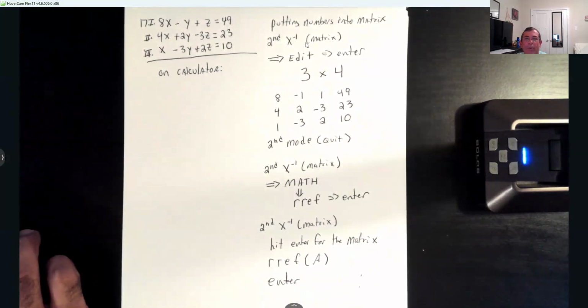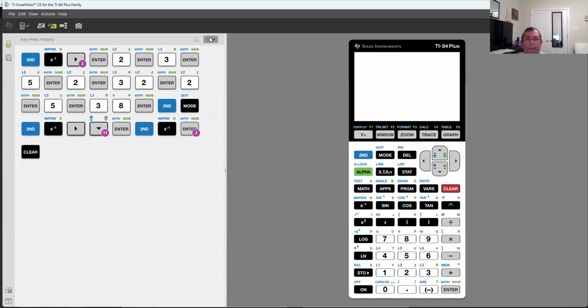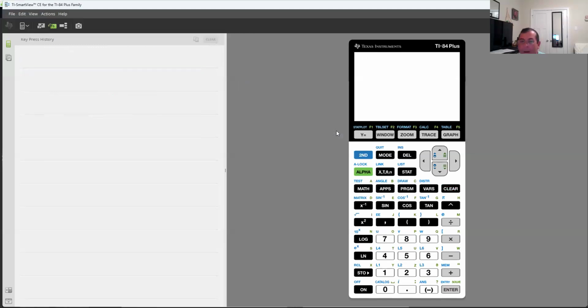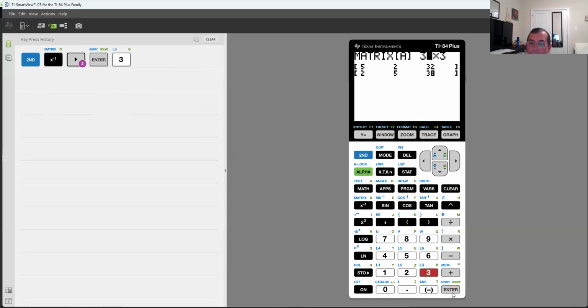Alrighty, y'all, so let's go punch this on our calculator and see what we get. So I'm going to clear everything off. All right, so second, x negative 1. We said we're going to arrow over to edit, hit enter. This one we said was a 3 by 4. So we're going to go 3 enter, 4 enter. You always got to hit enter after these numbers, okay?